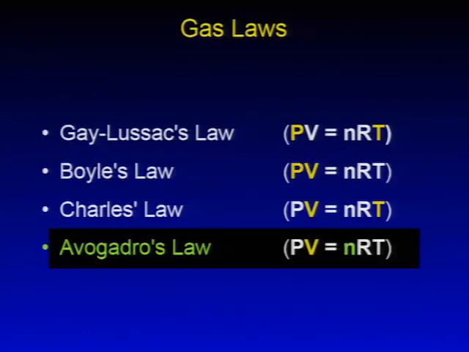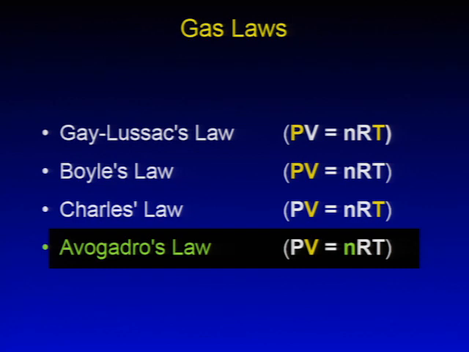Now, we have 4 major gas laws: Gay-Lussac's law, Boyle's law, Charles' law, and Avogadro's law. For example, Gay-Lussac's law is the relationship between pressure and temperature. So if the pressure halves, the temperature halves. Boyle's law is the relationship between pressure and volume.